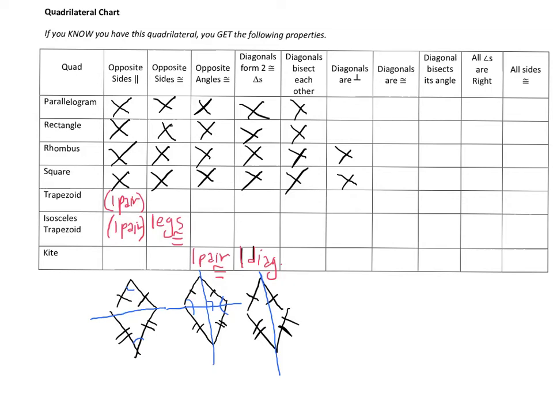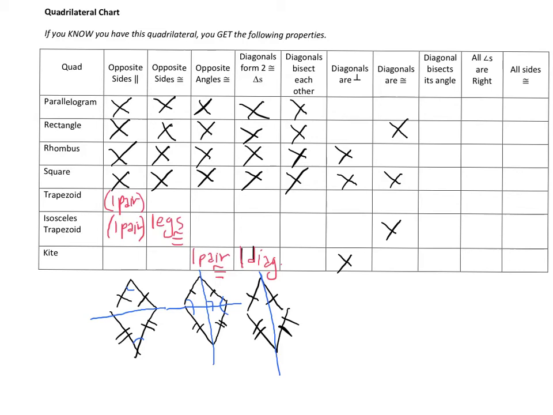And we also know, like I drew over here with the kite, that our diagonals are going to be perpendicular as well. Diagonals are congruent. We know that to be a property of rectangles. And we also know that to be a property of squares. And it also works for an isosceles trapezoid, surprisingly enough.